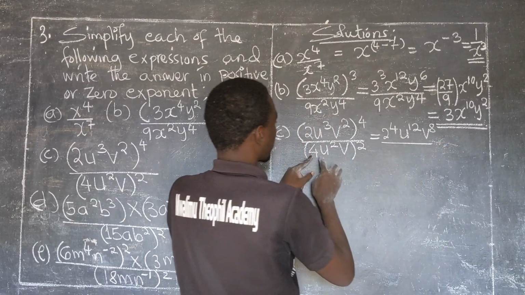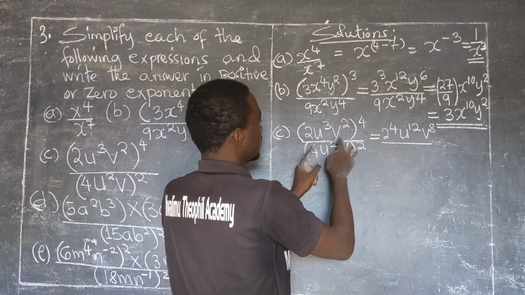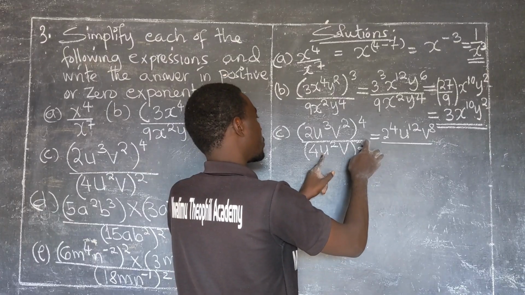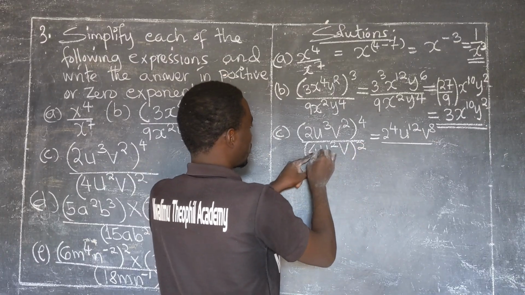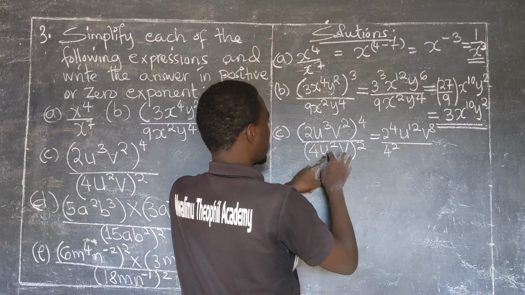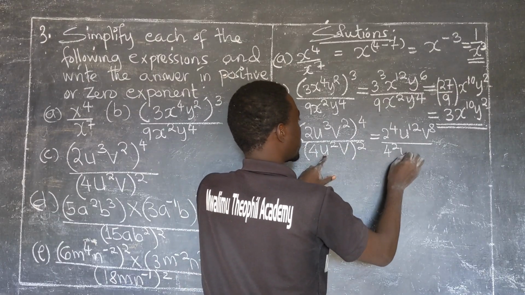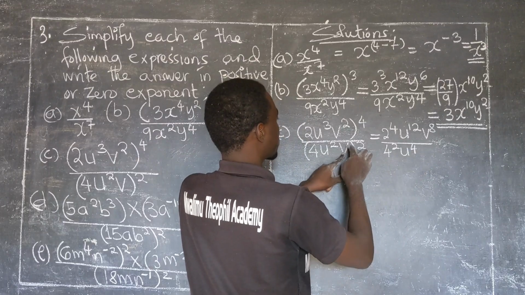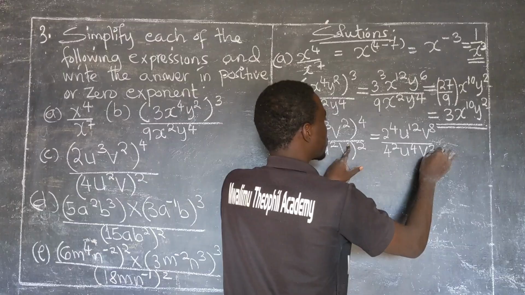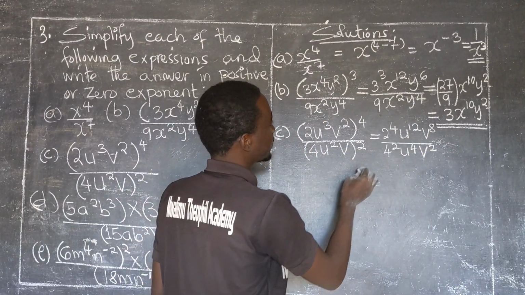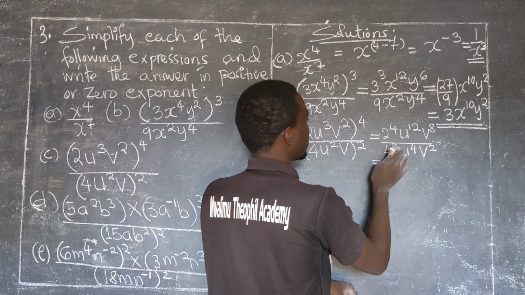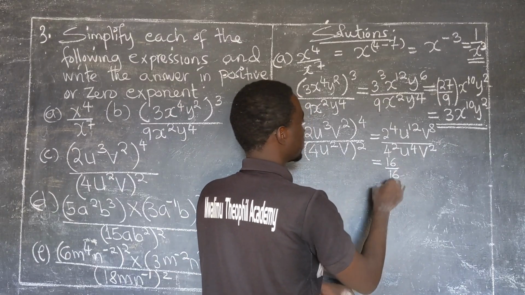Then we divide by this whole term, where each component in this bracket will be raised to 2. Now we multiply the exponents. 4 raised to 1 times 2 is equal to 4 raised to 2. U raised to 2 will be equal to 2 times 2, 4, so u raised to 4. V raised to 1 will be equal to 1 times 2, and then it becomes v raised to 2. After that, 2 raised to 4 is 16. 4 raised to 2 is also 16.